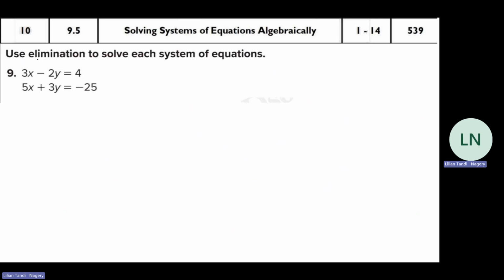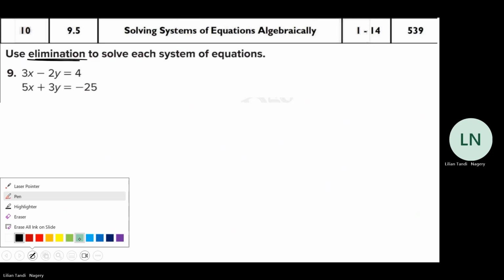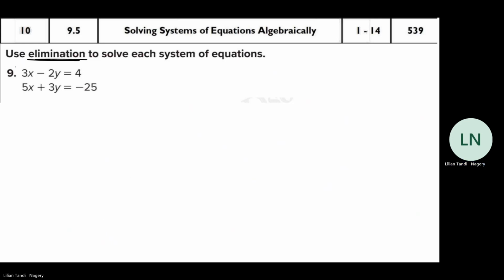Now here we have been asked to use elimination. So the question told us to do elimination. Okay, I'm going to eliminate x. It doesn't matter.